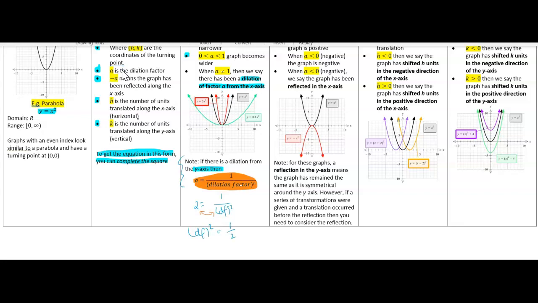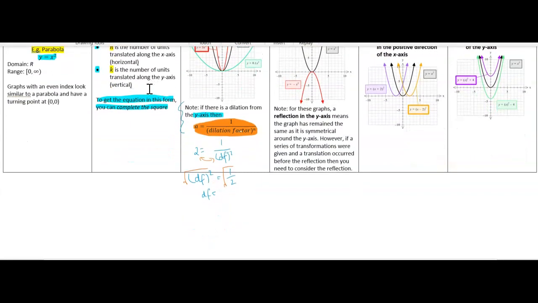Now, I've jumped a step if I was to solve that algebraically, but especially when we do trigonometry, you should just know if your unknown's on the bottom, then you just switch them. All right, so I need to get rid of this squared, so I'm going to take the square root of both sides. I can take the square root of the whole thing. So your dilation factor is equal to the square root of a half.